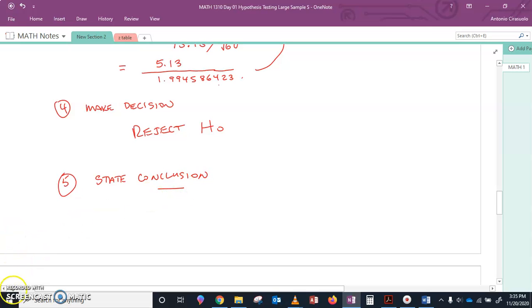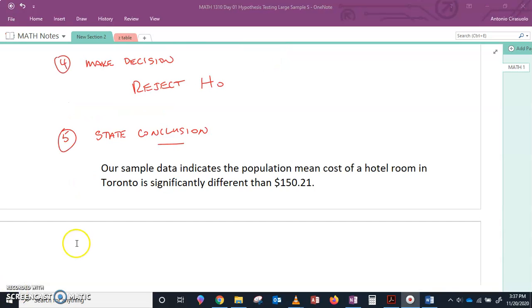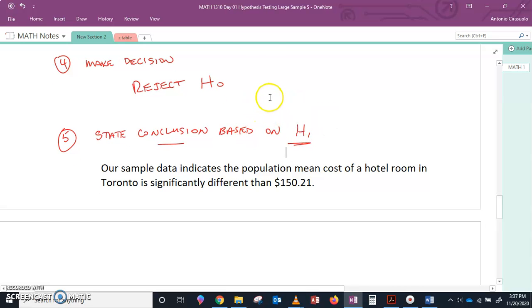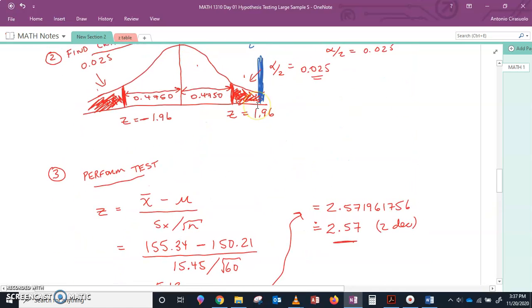So based on this information, I have the following. Our sample data indicates the population mean cost of a hotel room in Toronto is significantly different than $150.21. Once again, this is based on our H1, our alternative hypothesis.